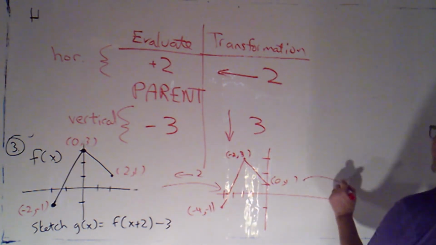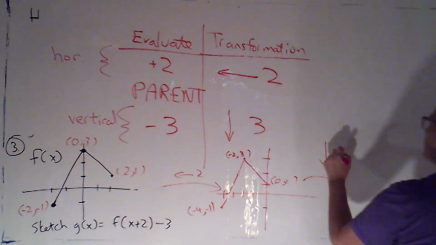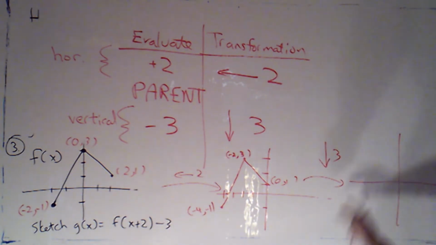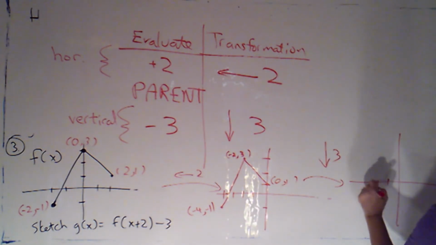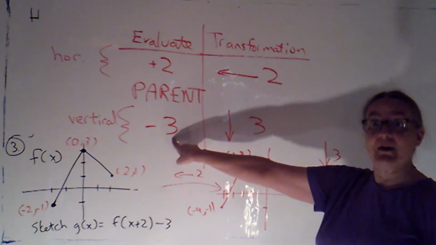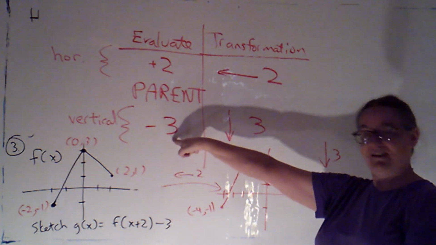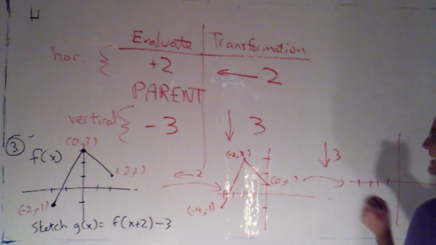Okay, and now I'm going to move everything down 3. So this graph will be my final graph. This was just a working graph where I'd done part of the work. Okay, so if I'm moving things down 3, I'm going to do exactly this to the y values. Keep the x value the same, but change the y value by subtracting 3.